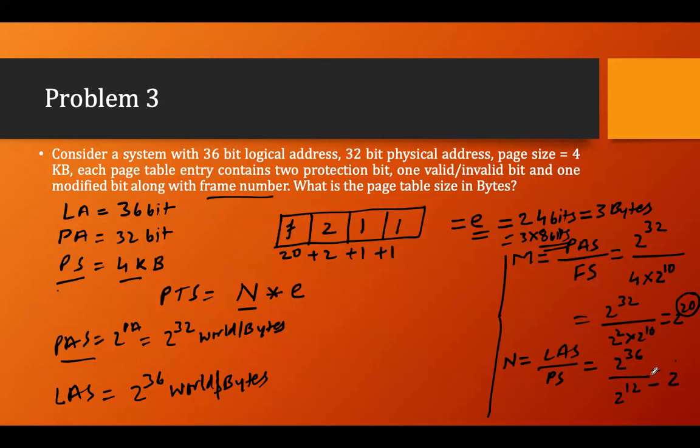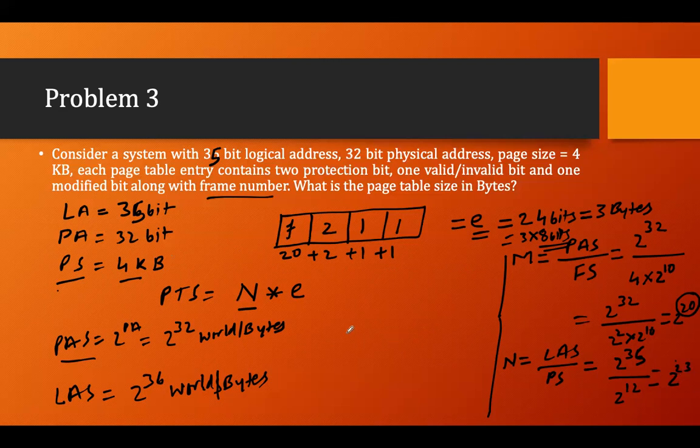Sorry, in the question it is written 35, not 36. So it will be 35, and now it becomes 2 to the power of 23.